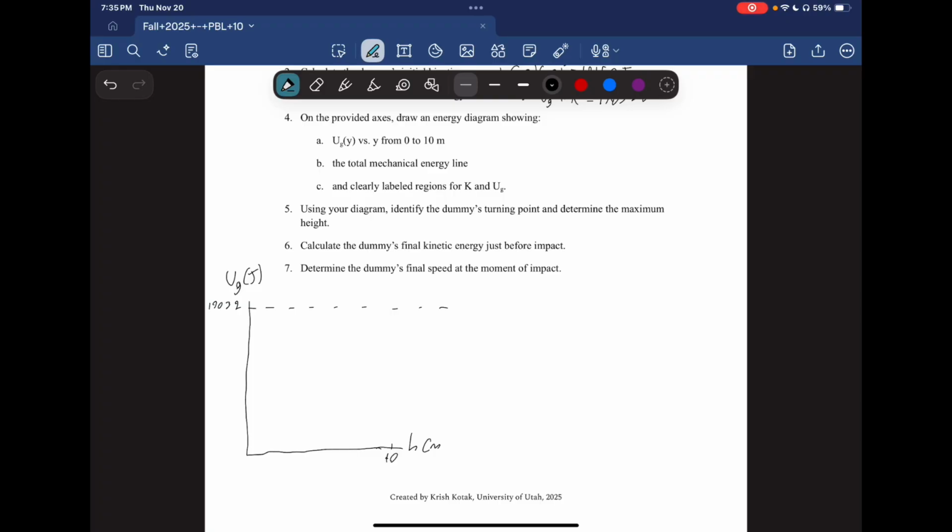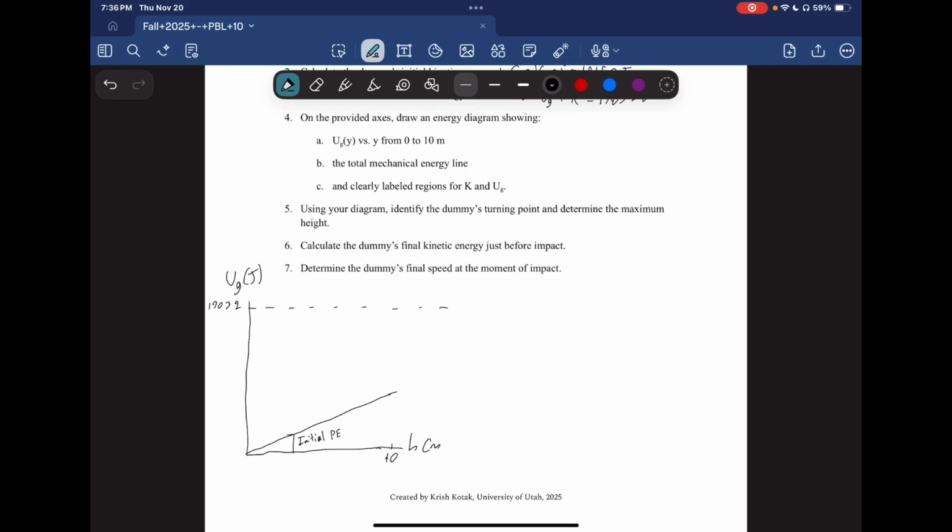And then this is going to be from 0 to 10 meters. And it's just going to be a straight line like this. And the bottom half here will have our potential energy.